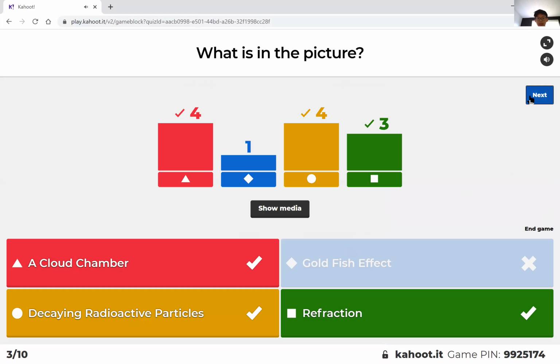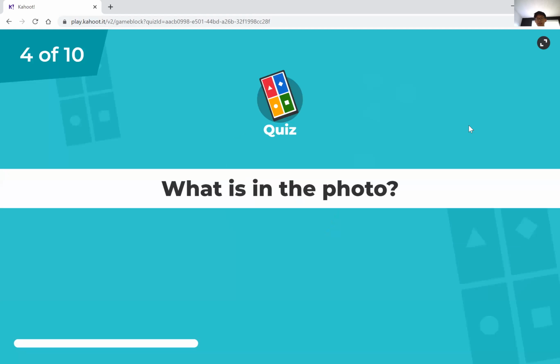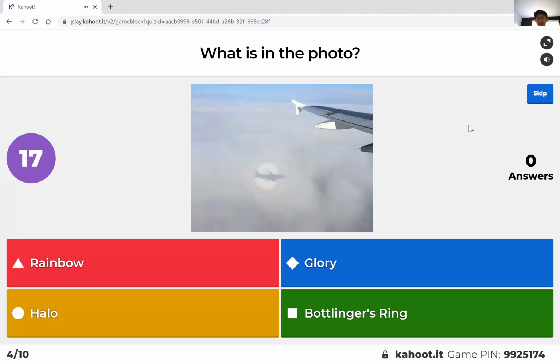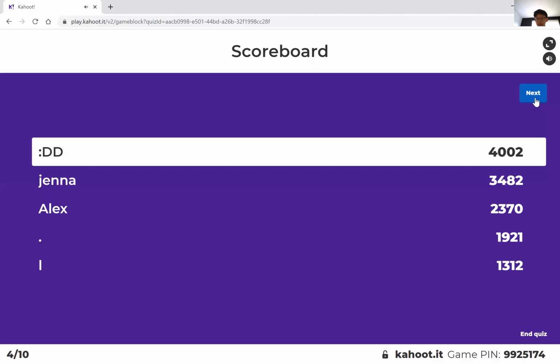So we have a cloud chamber with vaporized alcohol to demonstrate ionization. Oh, so it's a glory?